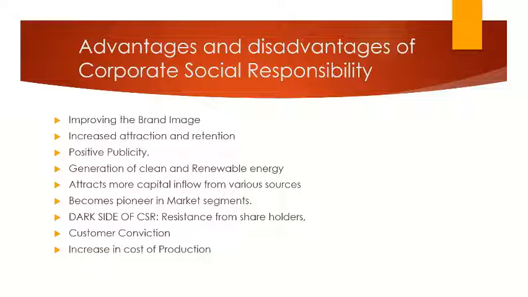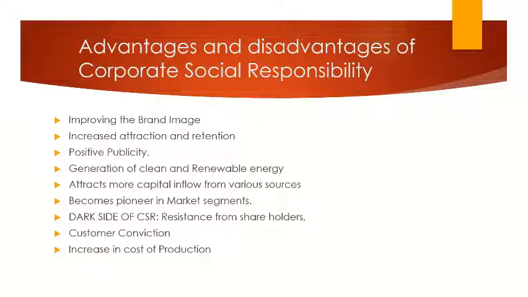Now we'll also talk about the dark side of corporate social responsibility. Resistance from shareholders: if you keep on giving 2% of the profits, shareholders' views always fluctuate, which means their shares also fluctuate depending on market situations. Customer conviction, their thinking capacity, their brand image, their production levels.